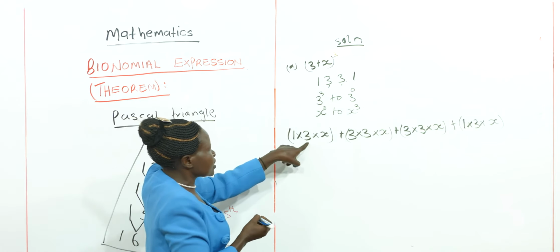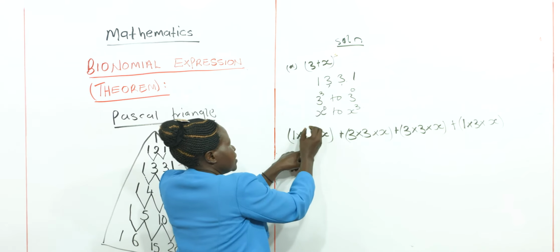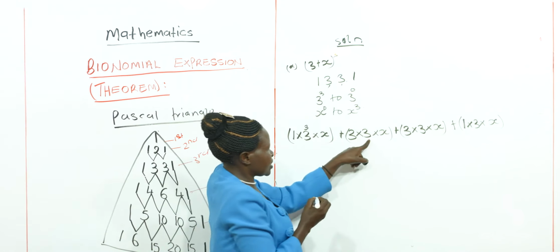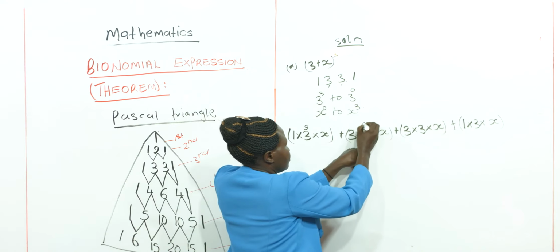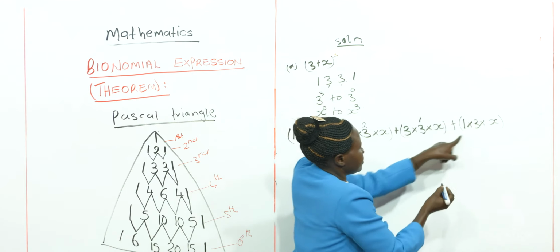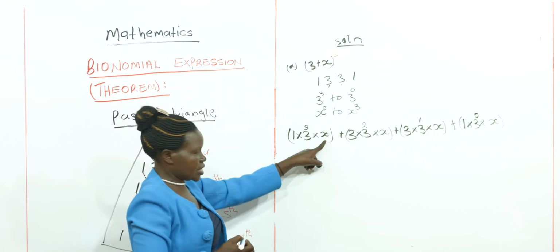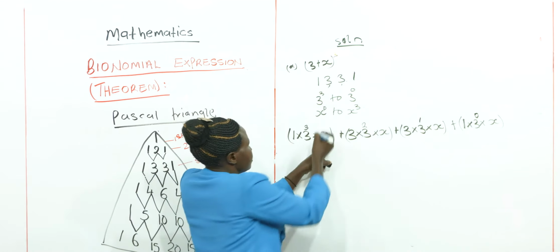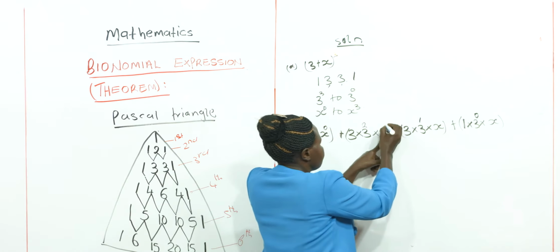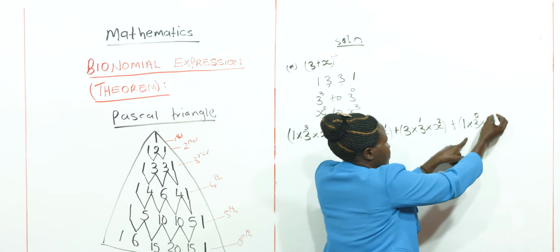So after you have done that expansion, you are now going to decrease the first term by decreasing the power of the first term. So we shall have 3 here. When we come here, this is our first term, so it will come to 2, and then here it will come to 1, and then here it will come to 0. And then our second term we are going to increase, starting from 0, and then we move to 1, and then 2, and then 3.